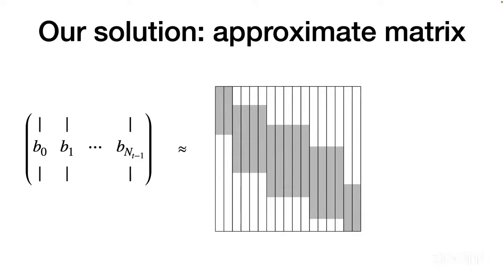So each column here is a different binomial distribution, the probability mass function of a binomial distribution. And one thing you can think about is that nearby distributions are very similar.